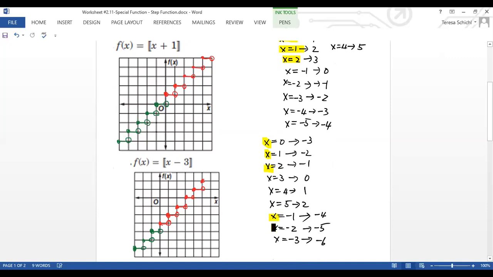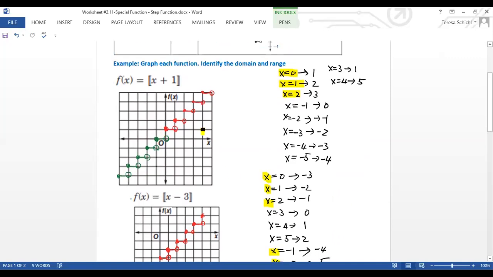So you choose a few positive x, a few negative x, and then you fill it in. Whatever whole number you start and end with, the next whole number is going to jump, right? So that's why you put a circle there. So that's why this is what we call the step function. And that's it, right? It's a pretty fun function to work with.